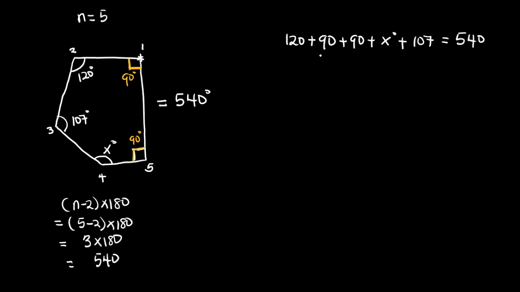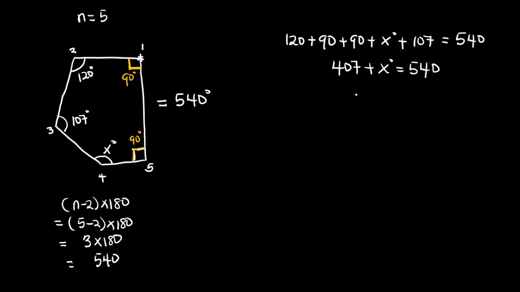Okay, so if I add 120 plus 90 plus another 90 plus 107, I'm going to get 407. So if I add everything over here, I'll get 407 plus x is equal to 540.